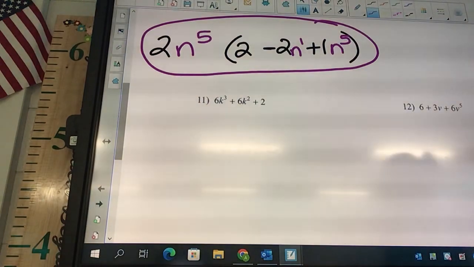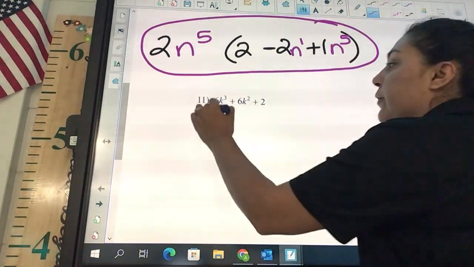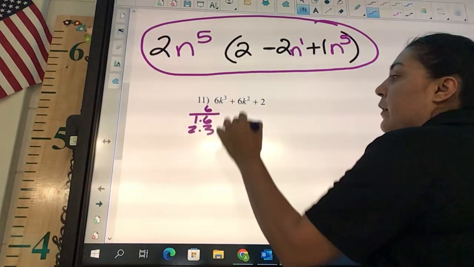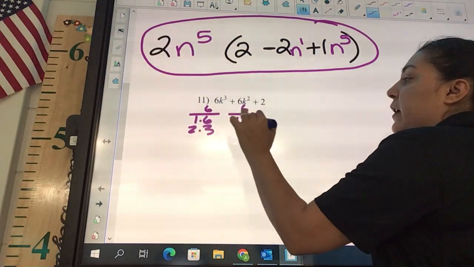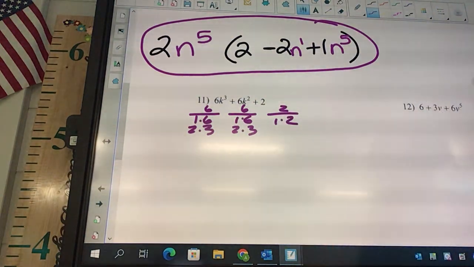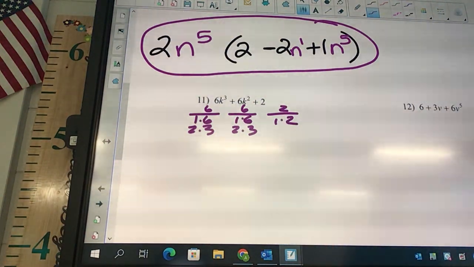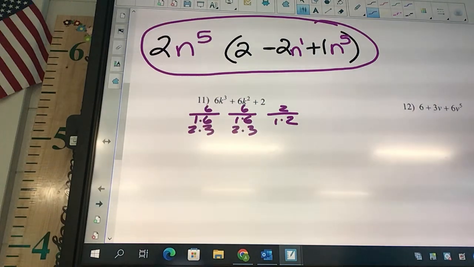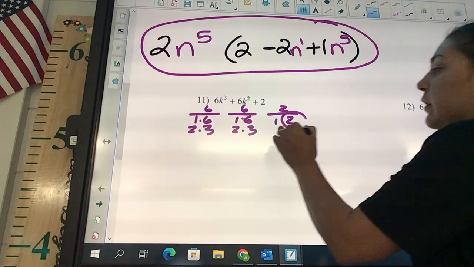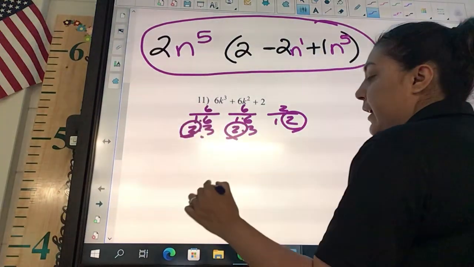Okay, look at 11. So for 6, I got 1 and 6, 2 and 3. For 2, I just got 1 and 2. Okay, what's the biggest number I can take from each? 2. Why can't I take a 6?